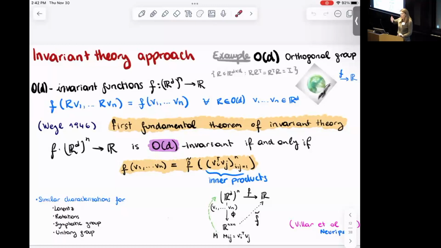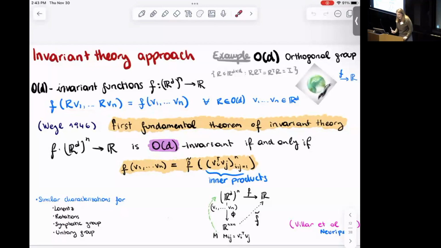If I rotate or reflect all my positions and velocities, then the energy of this point cloud doesn't change. Mathematically, you can write it as: for any R in O(d), if I apply this R to all my input vectors, the function doesn't change.